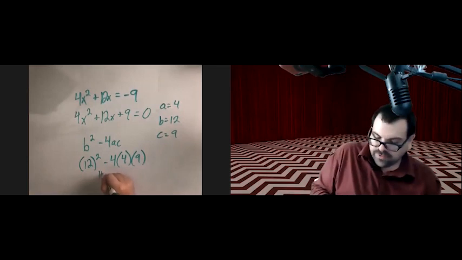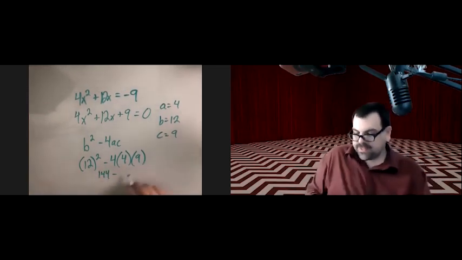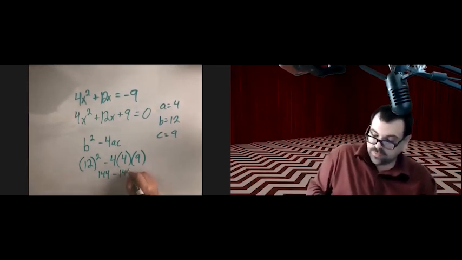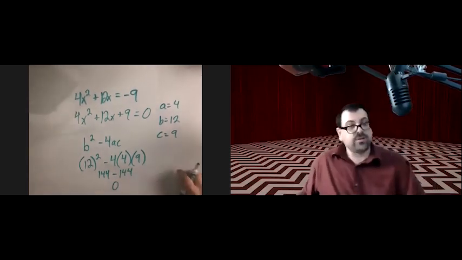That's going to be 144 minus 16 times 9, which works out to 144 as well. The discriminant is 0.